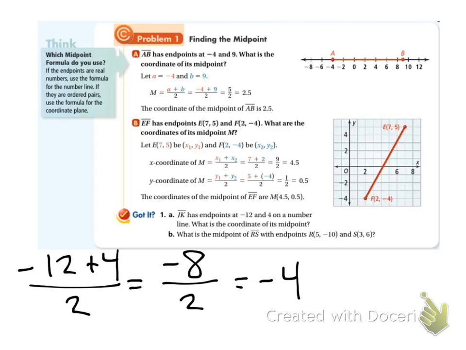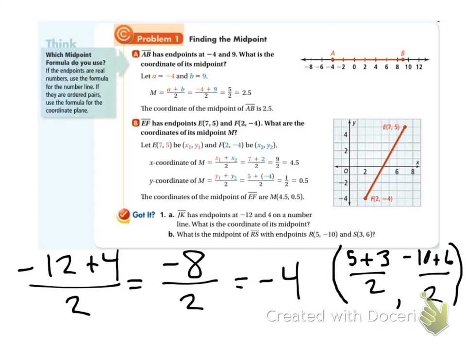Oh, I used up a lot of room there, but alrighty. The midpoint of RS with endpoints 5, -10, and 3, 6. So I'm going to have an ordered pair where I add my x's, so 5 plus 3, and divide by 2, and I add my y's, -10 plus 6, and divide by 2. 5 plus 3 is 8, divided by 2. -10 plus 6 gives me -4, and that's still divided by 2.